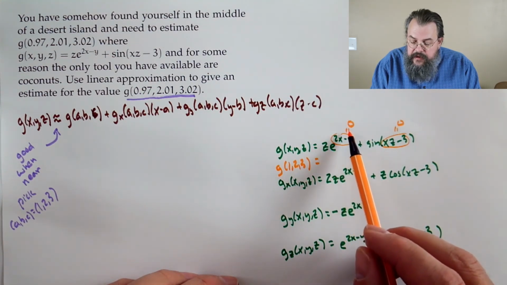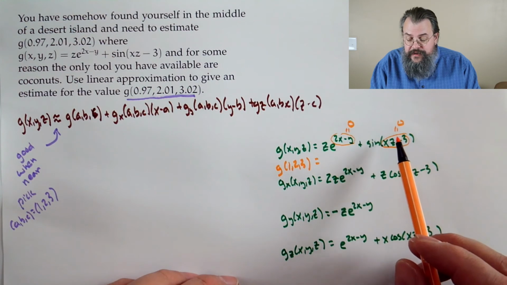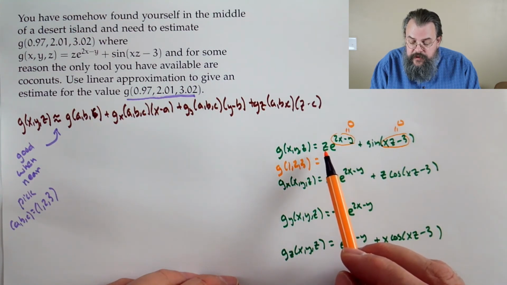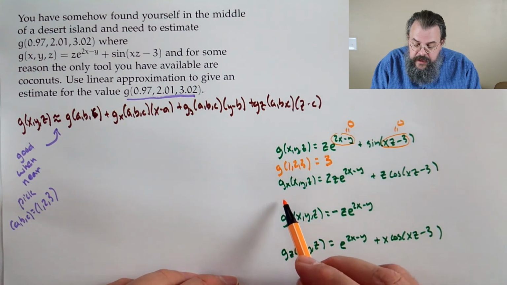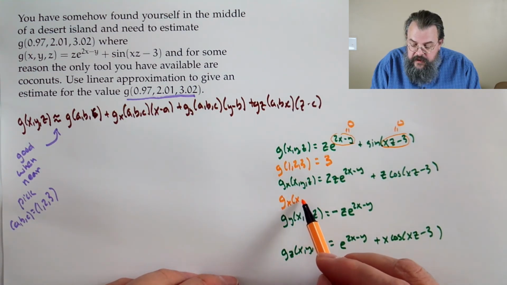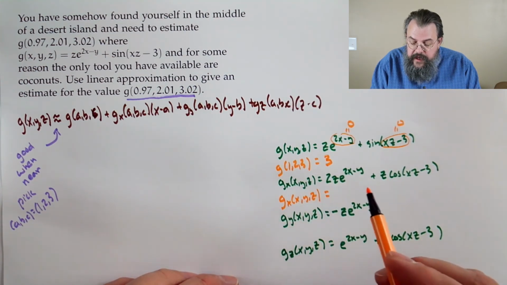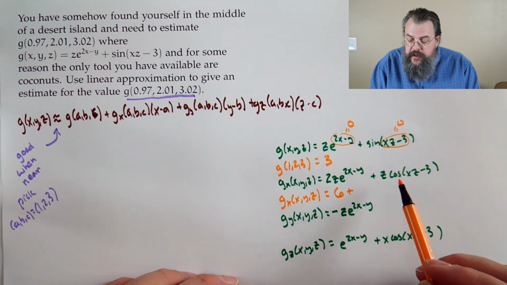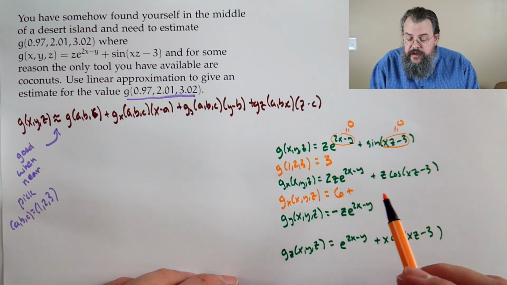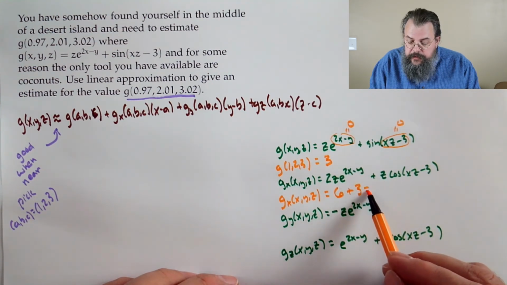Okay, e to the 0 is 1, sine of 0 is 0. So we're going to be left with z, which is 3. g sub x of 1, 2, 3, well, that's 2 times 3 times e to the 0, which is 1, so 6. Then 3 times cosine of 0, which is 3, which gets us to 9.